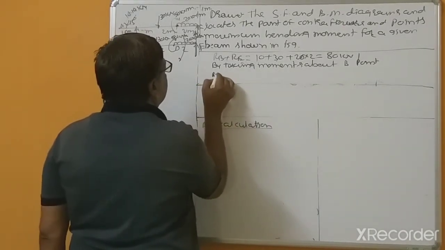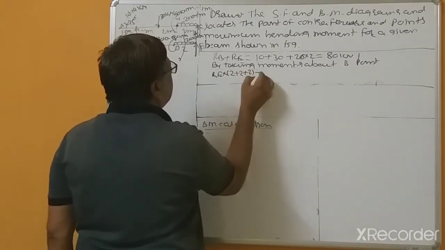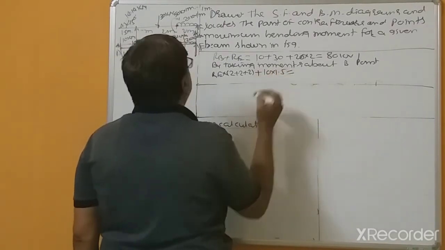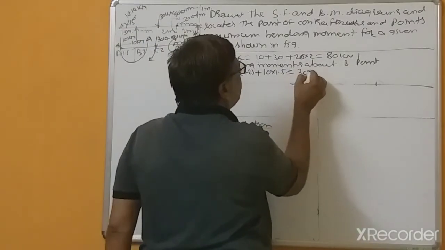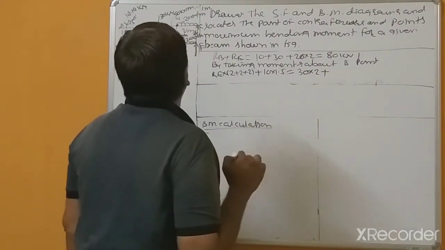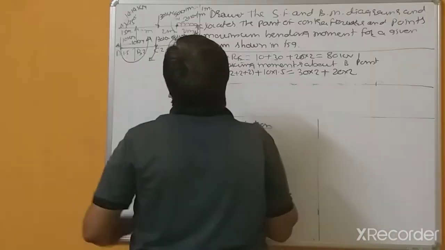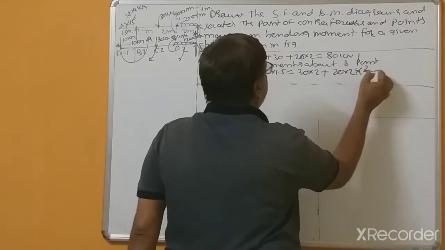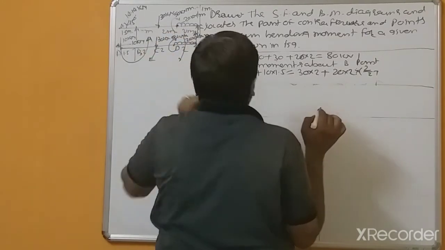RE into 2 plus 2 plus 2 plus 10 into 1.5 equal to 30 kilonewton multiplied by 2 plus 20 kilonewton multiplied by 2, half its distance, 2 divided by 2, because the center of gravity is located at half of its distance, plus 2 meter plus 2 meter.